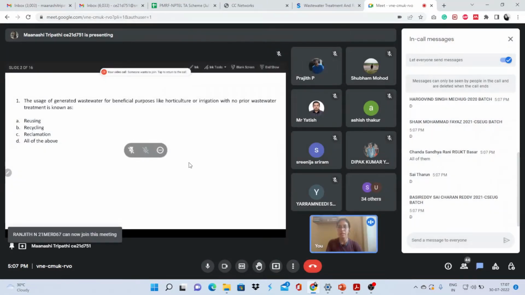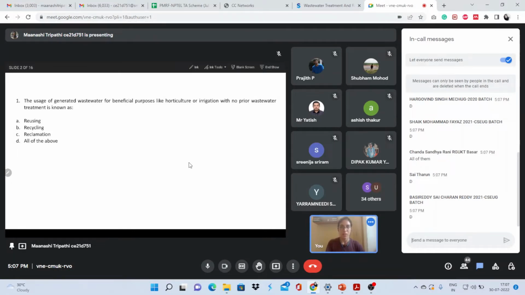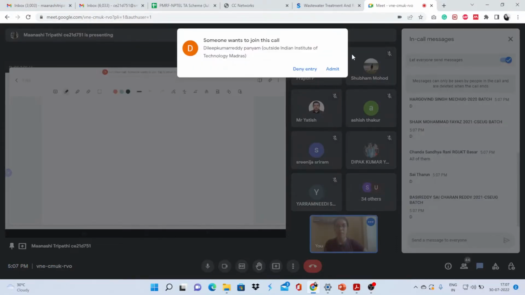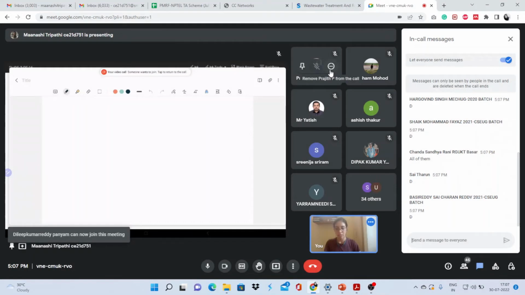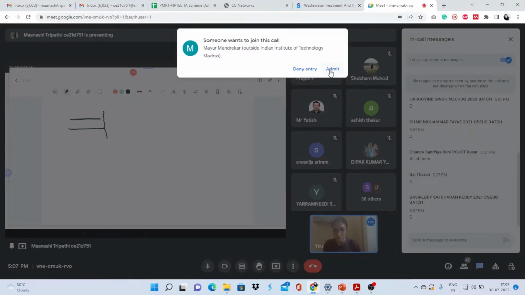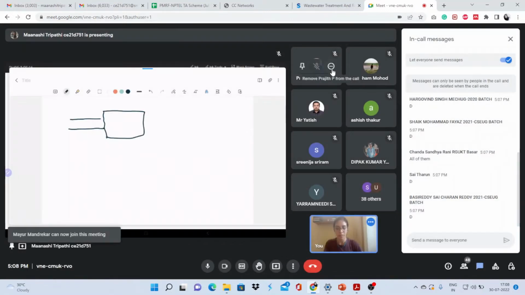So here is the difference between reusing, recycling, and reclamation. First of all, you need to know the difference. Just imagine this is a water stream. This is where we are using those streams, and from here wastewater is generated.